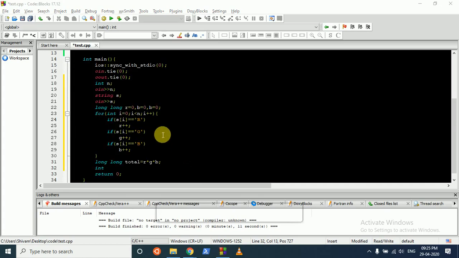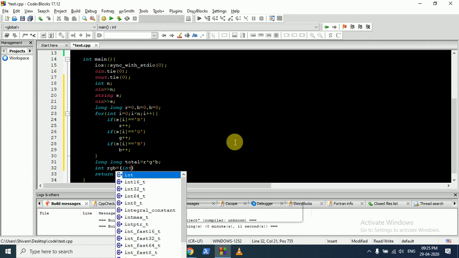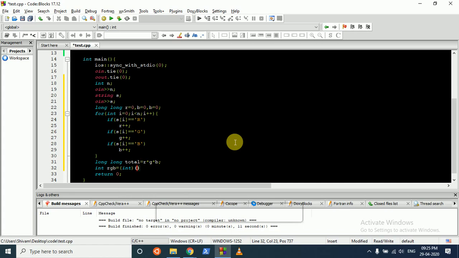So what we can do is we can make a variable RGB and make its value equal to the integer values of R, G and B. So why I'm doing this, you will see later in the code.